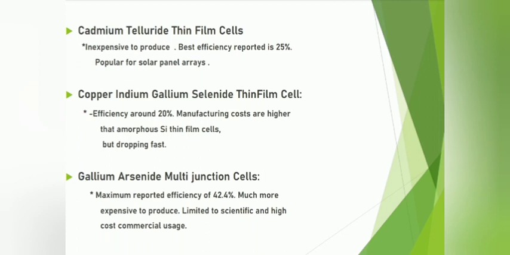Their efficiency is around 20%, and manufacturing costs are higher than amorphous silicon thin film cells, but dropping fast. Now, the gallium arsenide multi-junction cells have a maximum reported efficiency of 42.4%, but are very expensive to produce and limited to scientific and high-cost commercial uses.